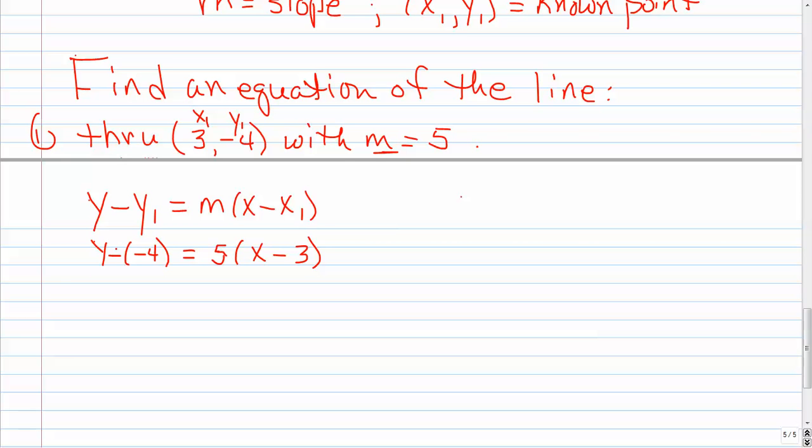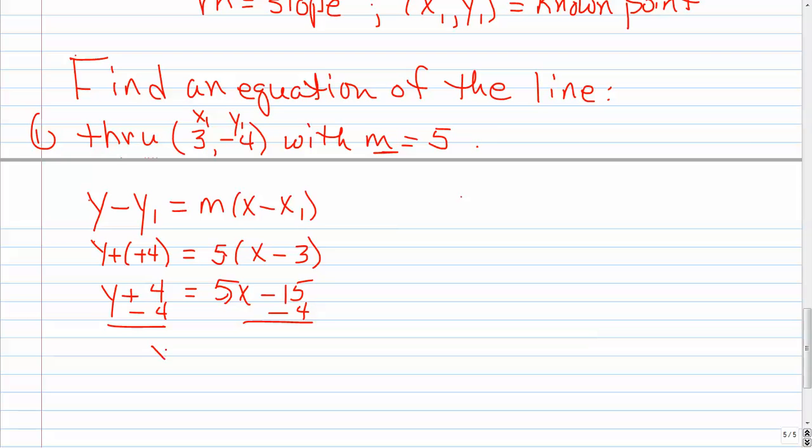So I just need to simplify this equation. Y minus a negative 4 becomes y plus 4. So that'll be the left side. And on the right side, we're using the distributive property and multiplying by 3 to get 5x minus 15. So I want to go ahead and solve my equation for y, which means I need to subtract 4 from both sides of the equation.